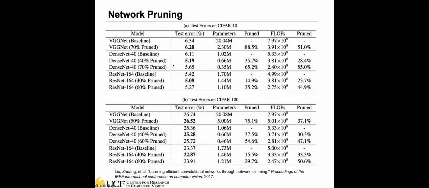But if you continue to prune, maybe 90% pruned, you may see the test error is going to increase, right? Because you prune the model too much, and the network representation capacity is just not enough because of the smaller network. Okay, so these are some of the performance comparisons using different network baselines and also pruning at different pruning ratios.